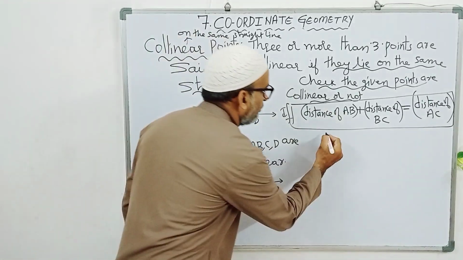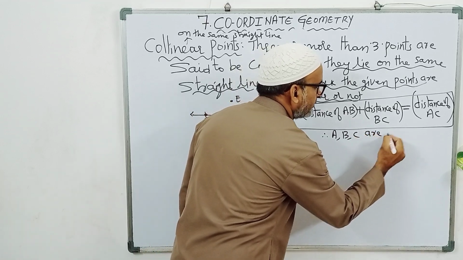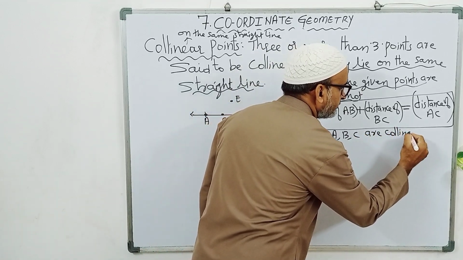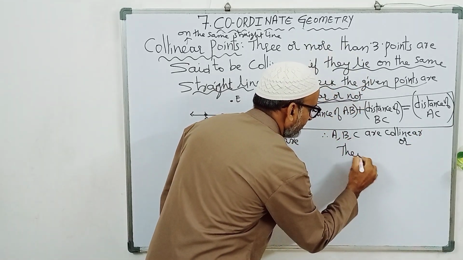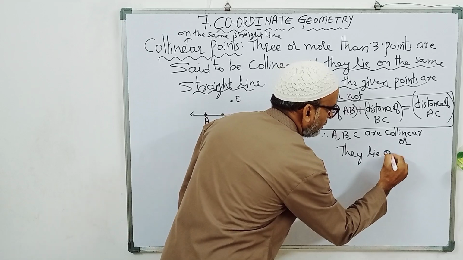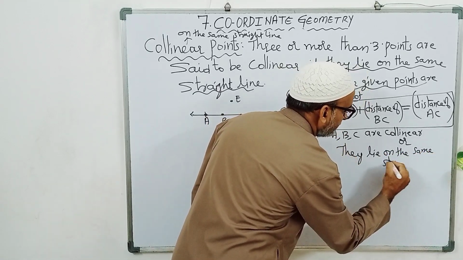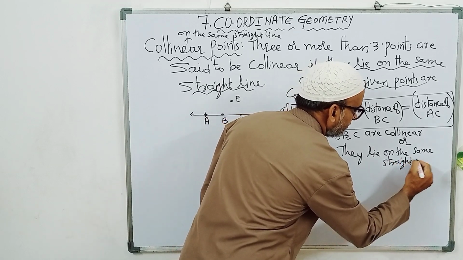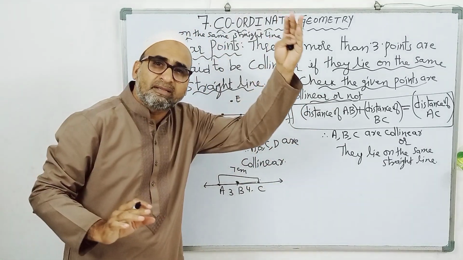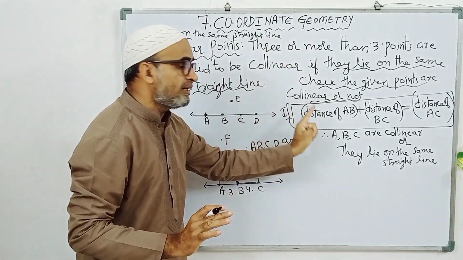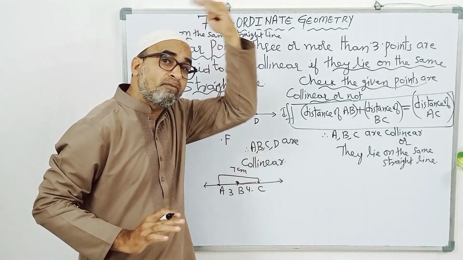Therefore, A, B, C are collinear, or they lie on the same straight line. Okay. Many formulas are there, but in 10th class, based on this formula we are doing the problems, and one more formula is there.